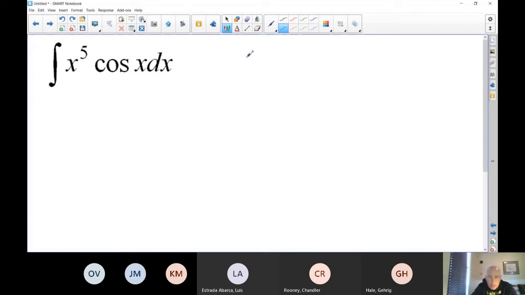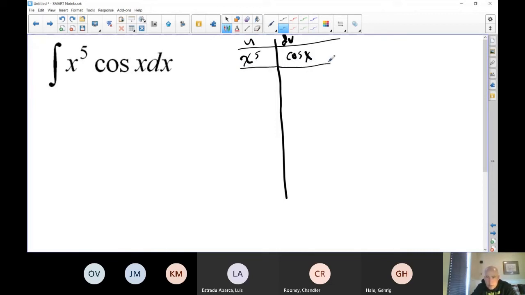You're going to make a chart. Call it u and dv. So I'm going to let x to the fifth be u because I can take the derivative over and over. And I'm going to let cosine of x be the dv. I probably recommend you put actual lines here so you don't lose track, especially if you're messy like I am.